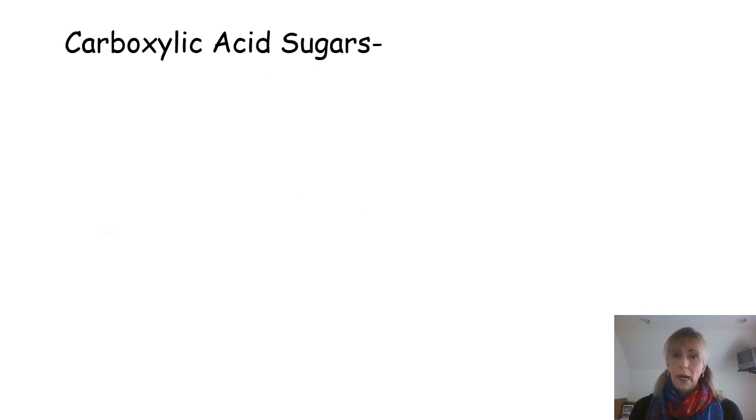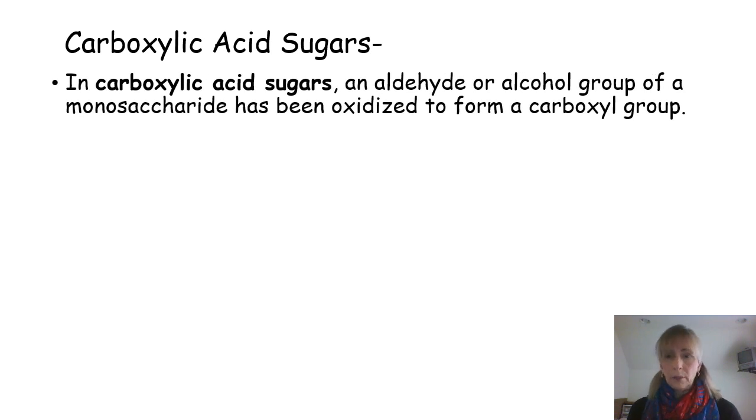All right, our next derivative of a monosaccharide are the carboxylic acid sugars. In carboxylic acid sugars, again, remember our aldehyde and ketone chapter, right? Aldehydes and ketones could be converted into carboxylic acids.